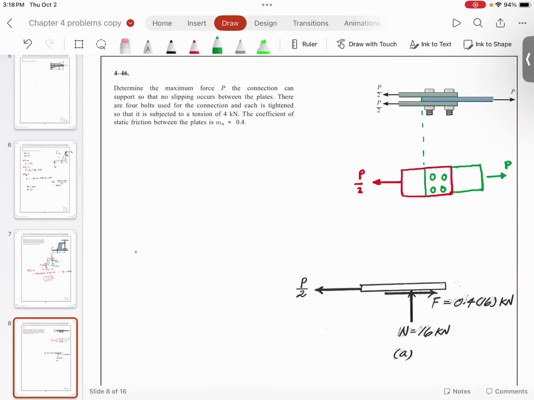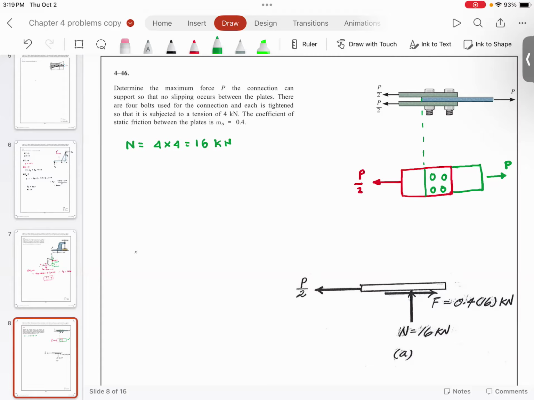Now the idea is, you don't want any slipping. So the normal reaction on each bolt is 4 kilonewton. So you have 4 bolts. So the total normal reaction is 4 times 4, which is 16 kilonewton of normal reaction acting on this bolt.